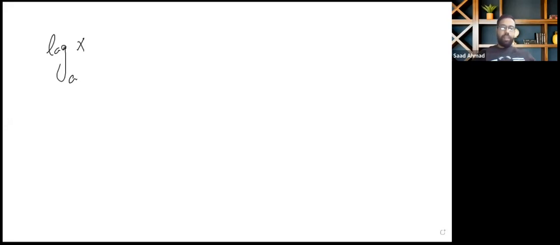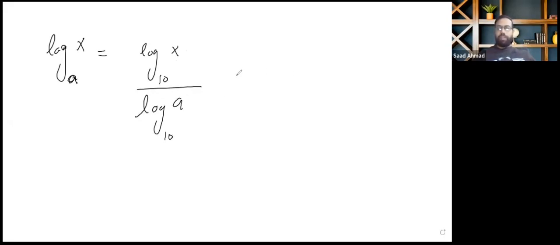We can change the base of the log. Let's say we want to change this into base 10 instead of base a. So log base 10 of x divided by log base 10 of a.